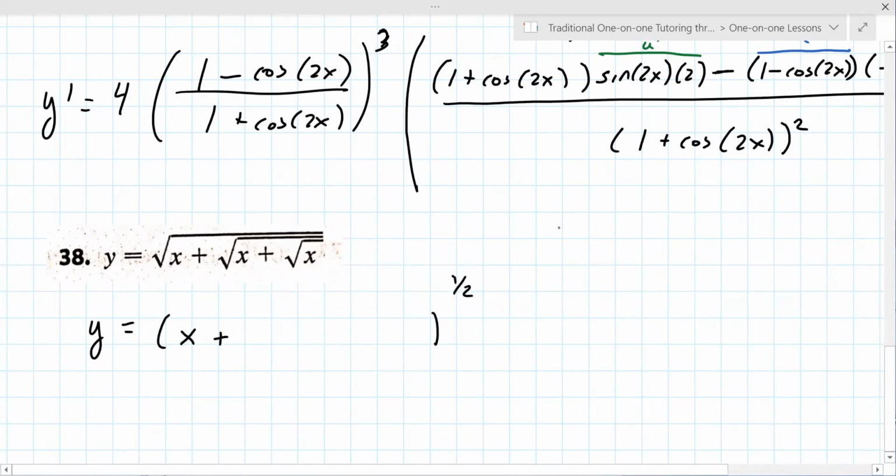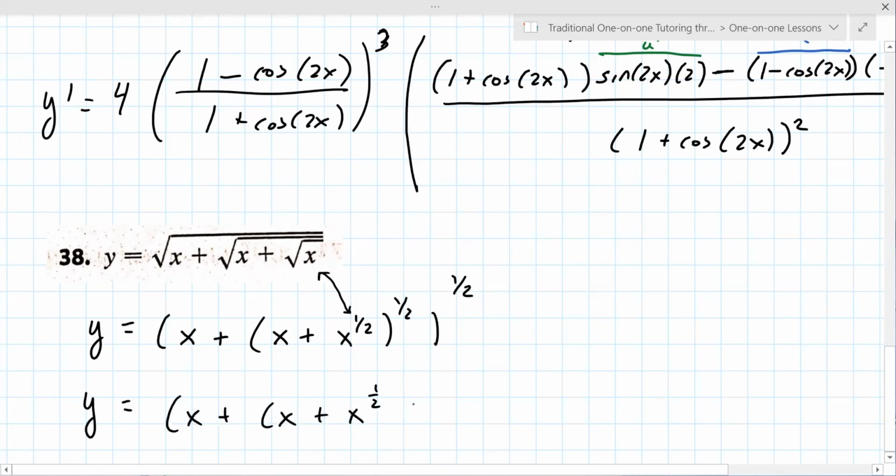That's what the square root means. This square root here with x is this 1/2 here, and then the big one is the one on the outside. Are you okay with how that was written? Let me write it a little neater and tighter.